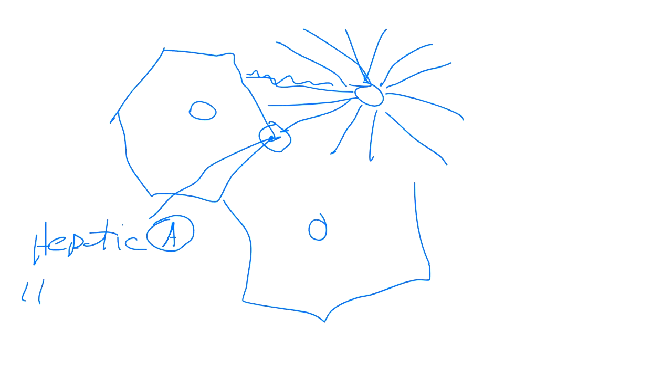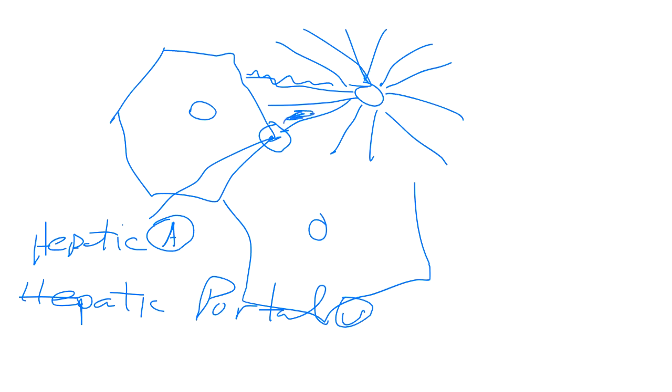The hepatic portal vein receives blood from the portal vein, which takes blood from the superior mesenteric vein, which is rich in nutrients. And actually those bloods are mixed in here. And these right here filter your blood, and then it goes into the central vein here, and then the central veins will bring the blood out via the hepatic vein.